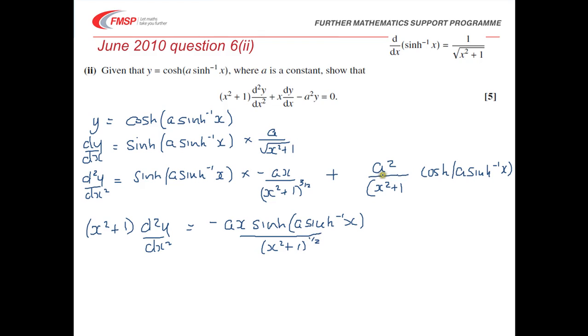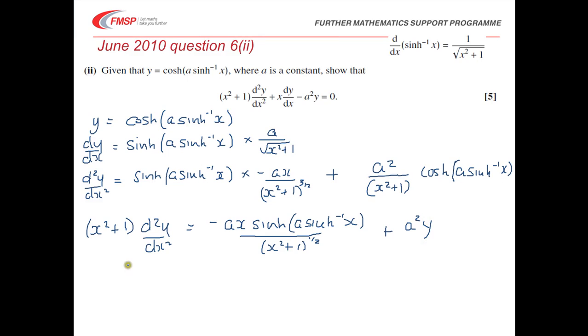And then we're going to be multiplying this bit by x squared plus 1, so the denominators will cancel out, and just notice that cosh of a inverse sine is actually y. So here we're getting a plus a squared y.